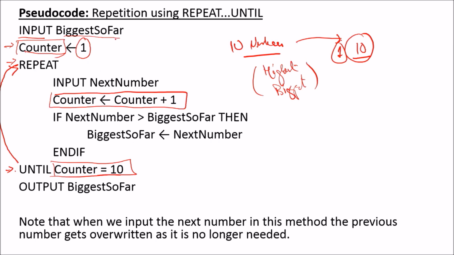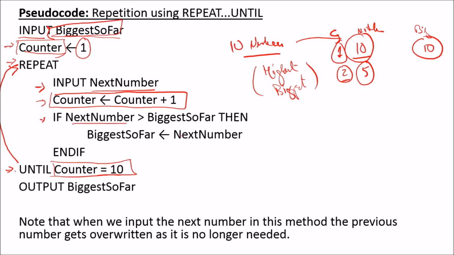So repeat until what it do? आपने biggest number enter किया, अभी तक वो है. जैसे ही repeat में आया उसने आपका एक और number लिया, second number. Suppose मैंने किया 5, right? So counter became 2 क्योंकि that's a second number. This is your counter and this is your next number. और जो bigger variable है उसके अंदर अभी तक क्या पड़ा हुआ है? इसके अंदर 10 पड़ा हुआ है. अभी हमने next number में क्या किया? 5 एंट्री किया.